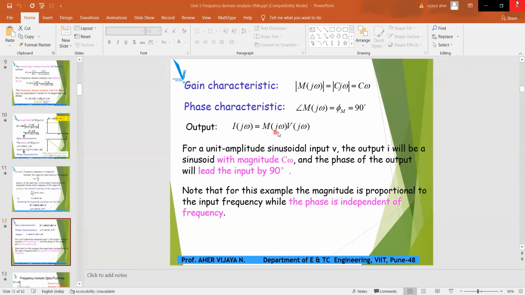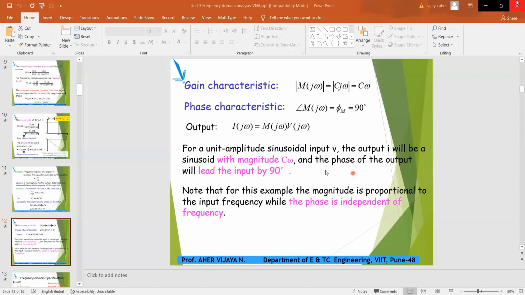Okay. This is the equation for output: I(j omega) is equal to M(j omega) into V(j omega). M(j omega) is the transfer function in frequency domain analysis, and V(j omega) is your input applied signal. This I(j omega) is nothing but the output. So for a unit amplitude sinusoidal input signal voltage, the output current will be sinusoidal in nature with magnitude equal to C omega.